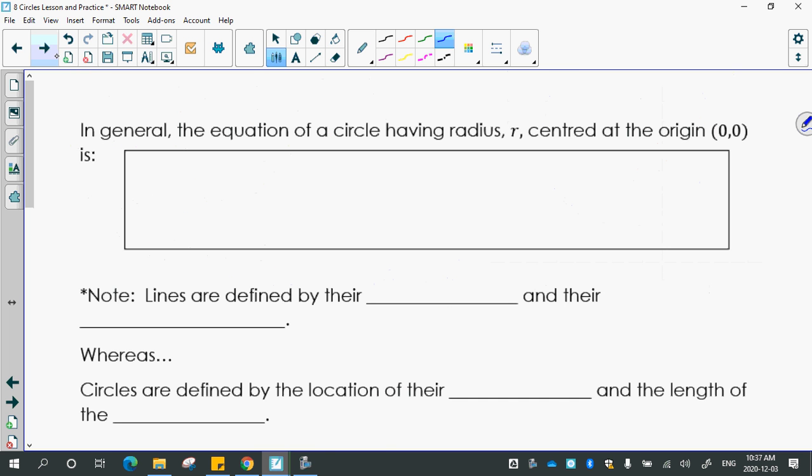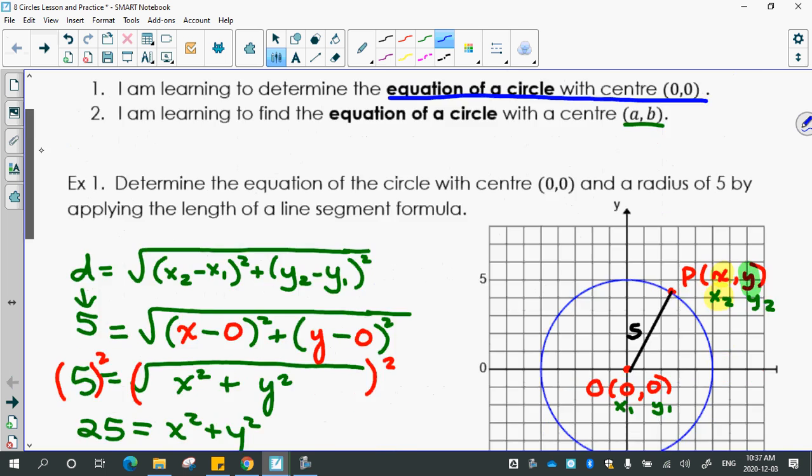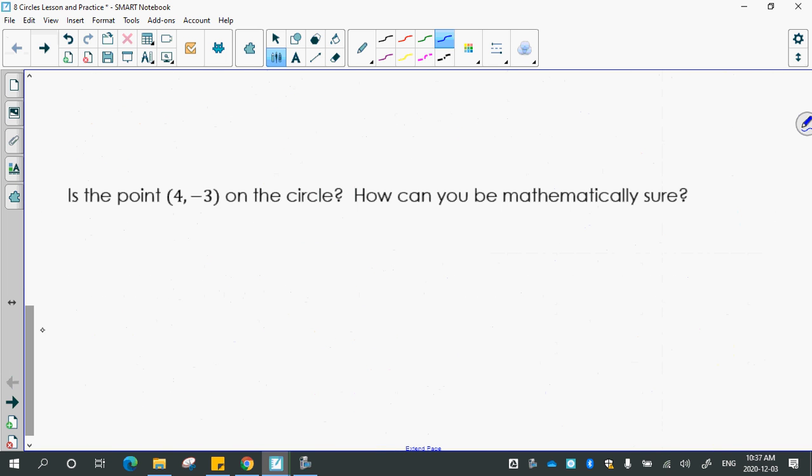In general, oh, did I miss something? Okay, good. Is the point 4, -3 on the circle? How can you be mathematically sure? This is an important question. There's a question on the assignment tonight, and I think we'll have probably more on the practice. But what you do is a left side, right side check, which we're getting really good at doing.